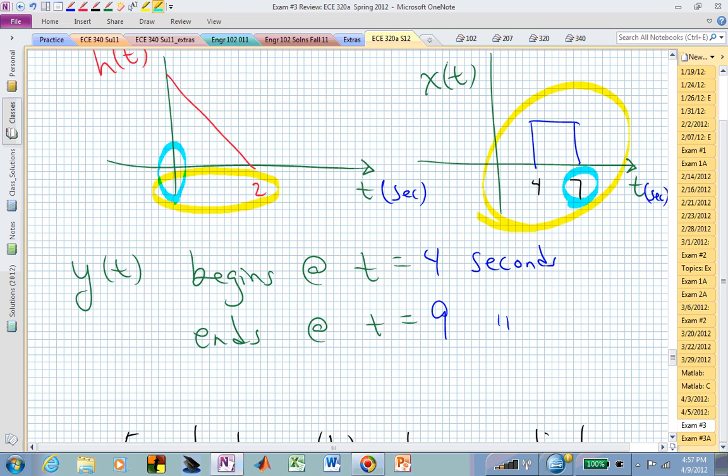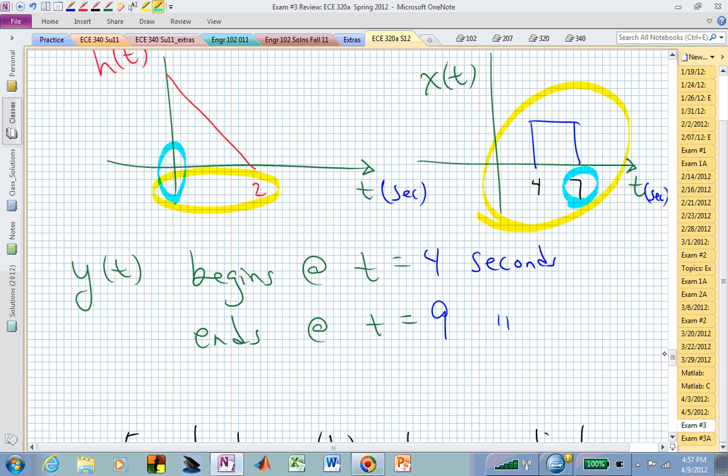So if you said, oh, y of t functionally is something out to 20, whoa, something's not right. I did something wrong, because I should only expect an output between 4 and 9. Is that making sense?